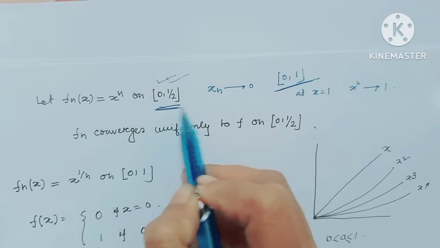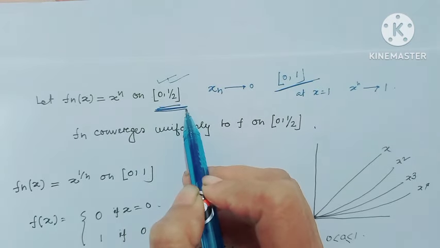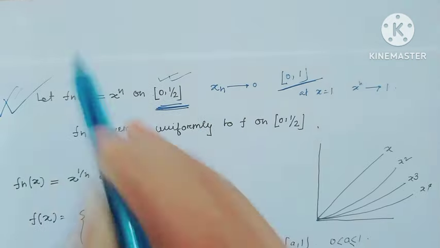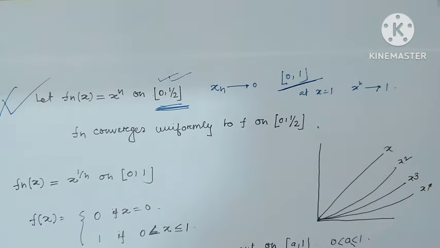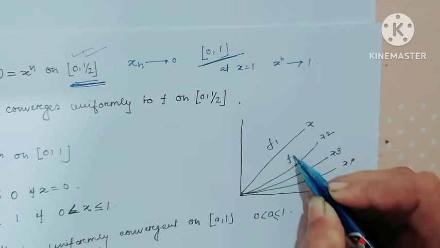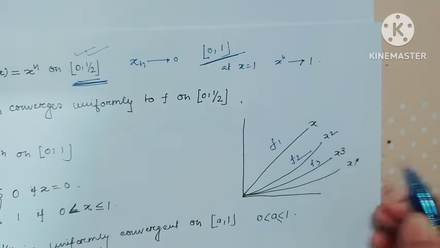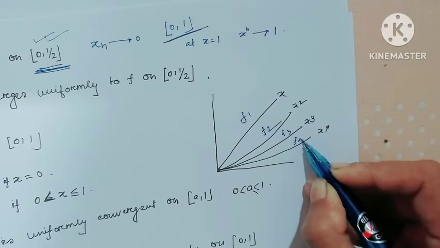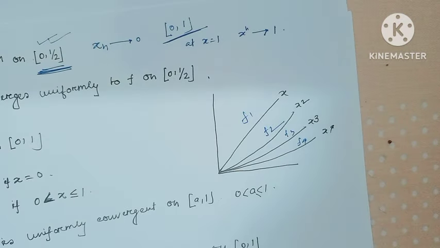But if we consider this interval 0 to half, then always by Dini's theorem we can tell this sequence of functions converges uniformly, because notice the graph: this is f2, x squared, this is f3, x cubed, this is f4, x to the power 4.